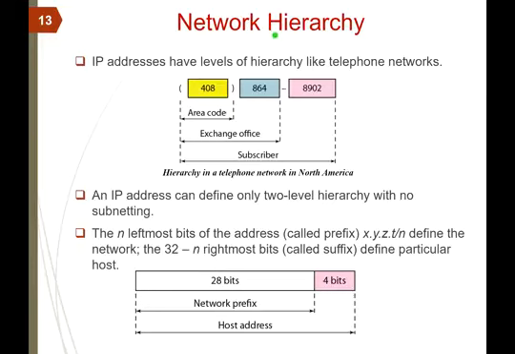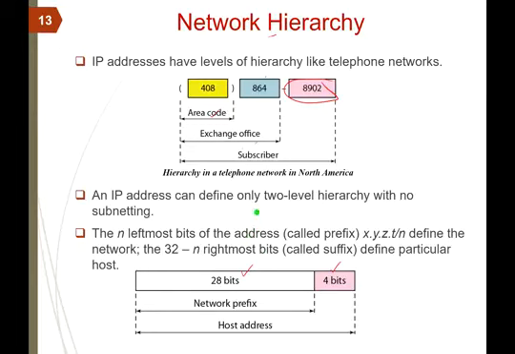We have some hierarchy in IP addresses. Like telephone numbers, you have an area code, for example, then exchange offices, and then the subscribers. In IP addresses also, we have some hierarchy. We have net ID and host ID. So the network prefix is also some sort of hierarchy.